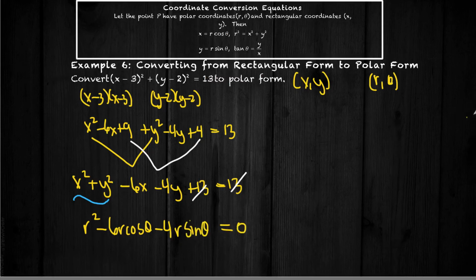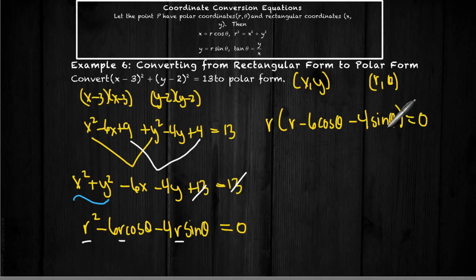Now all terms have a common r value, so we can factor that out. So that's going to give us an r on the outside, and then r minus 6 cosine of theta minus 4 sine of theta equals 0. And just like anything else, we're going to set both of these equal to 0.